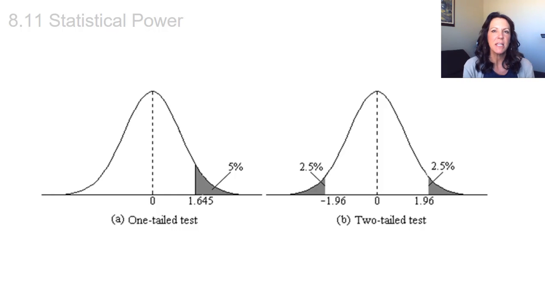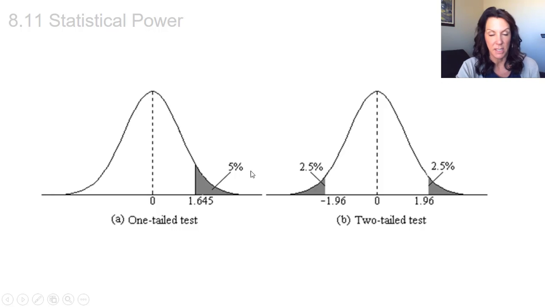And if I have an idea of where my mean might lie, I can do a one-tailed test. So if I think that the mean of my sample is going to be higher than the population mean, I can do a one-tailed test and load all of the alpha into the right tail. Or if I think that my mean is going to be less than the population mean, I can load all of my significance area or my alpha in the left tail. So this is called a one-tailed test.